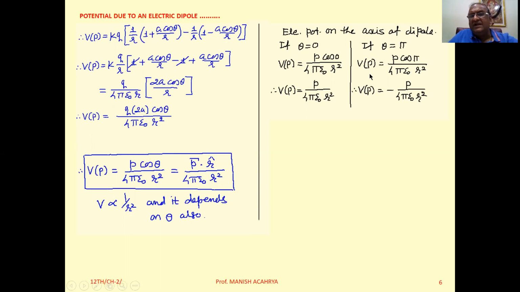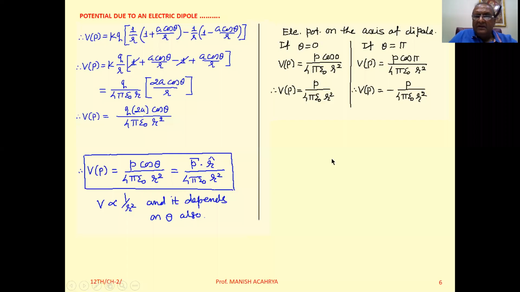So potential at the point is P cos pi upon 4 pi epsilon 0 R square. Cos pi is minus 1. So potential at that point is minus P upon 4 pi epsilon 0 R square.